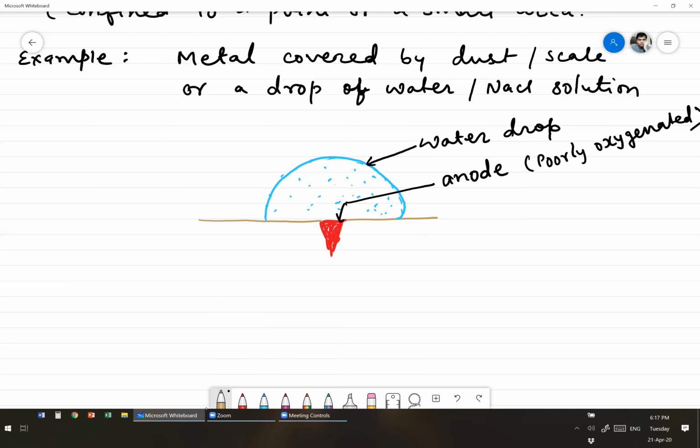You can see the area of the cathode is much higher than the anodic area.